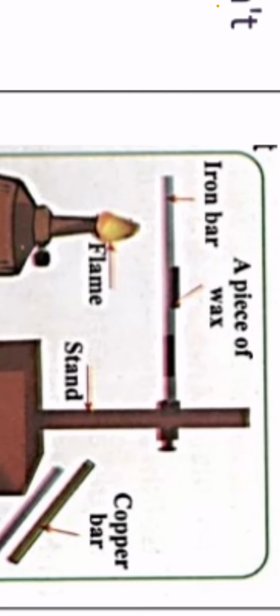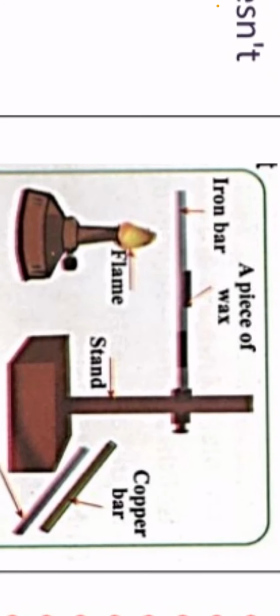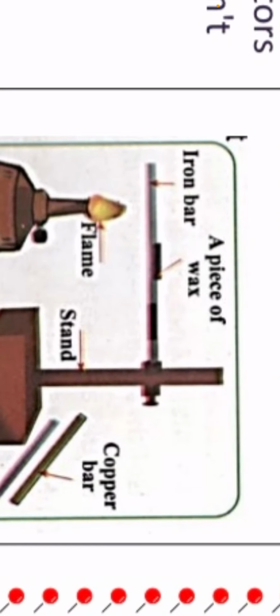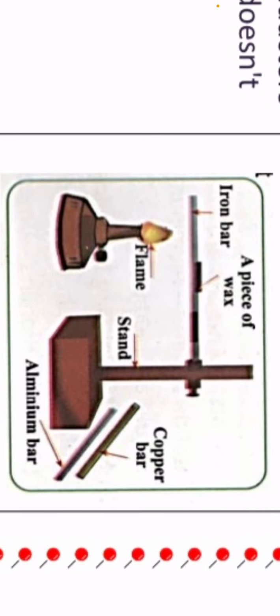Here it's an iron bar and a piece of wax exposed to the flame, okay? When the iron bar having a piece of wax is exposed to the flame, the piece of wax will melt. When I replace this iron bar by using sulfur or copper, the wax doesn't melt.